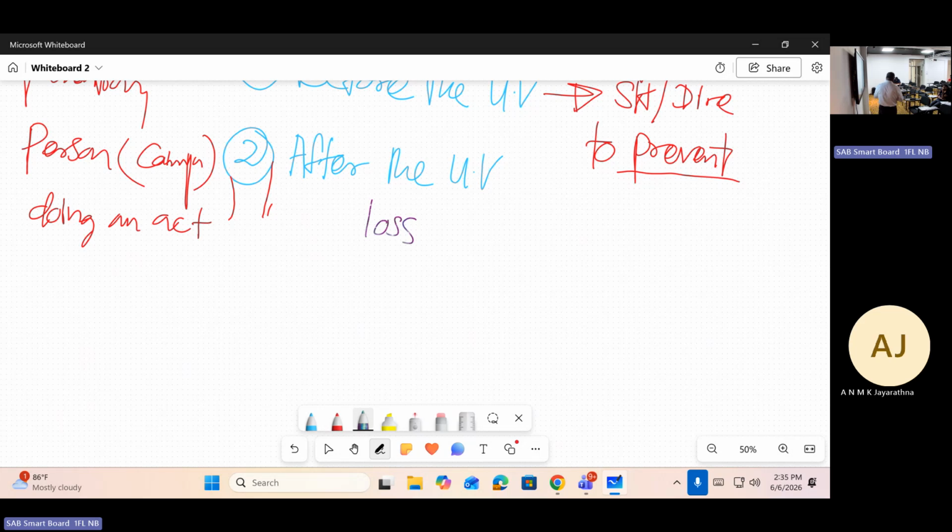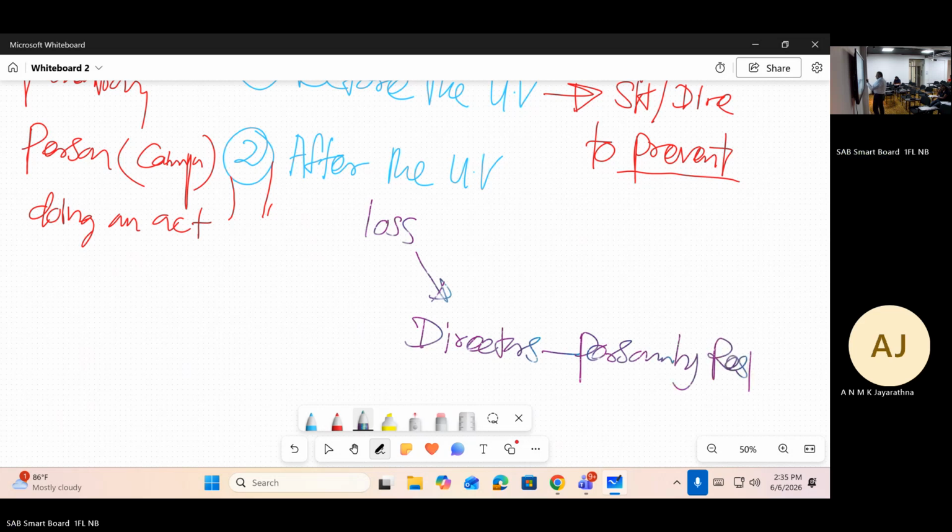They are managing the company. Directors are making the decision and engaging into this transaction. Therefore, directors are personally responsible to compensate the company. They are the persons who are managing the company. Directors are personally responsible to pay damages to the company.